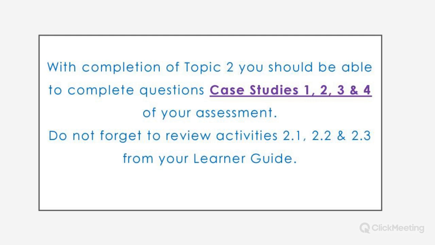With the completion of this topic, you should be able to complete case studies 1, 2, 3, and 4 of your assessment. Now, please do not forget to review activities 2.1, 2.2, and 2.3. You will find 2.1 to be quite helpful.